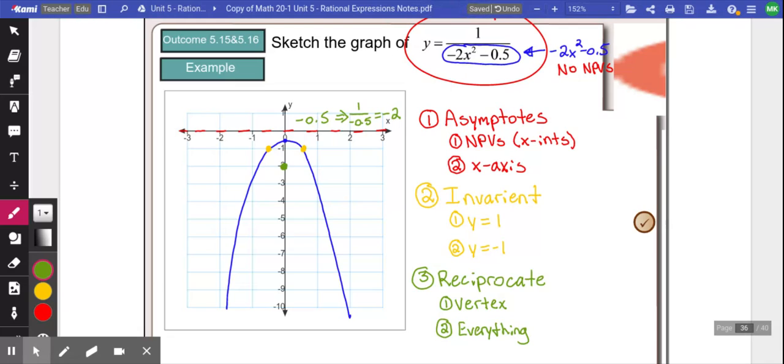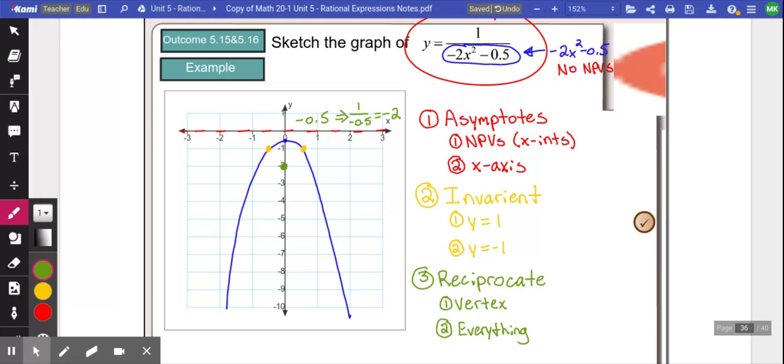To reciprocate these graphs, this time you're going to actually start at your vertex. So you're going to put your pencil on your vertex. Then you're going to go towards your asymptotes. Now there's 2 ways I could do that, right? I could go to the right and go to an asymptote, or I can go to the left and go to an asymptote. And when I go in those directions, I see invariant points on both sides.